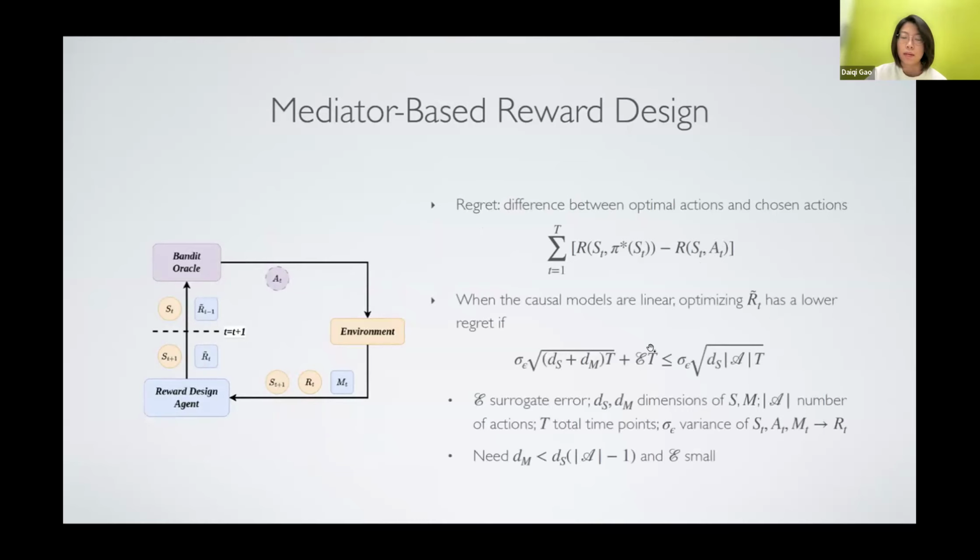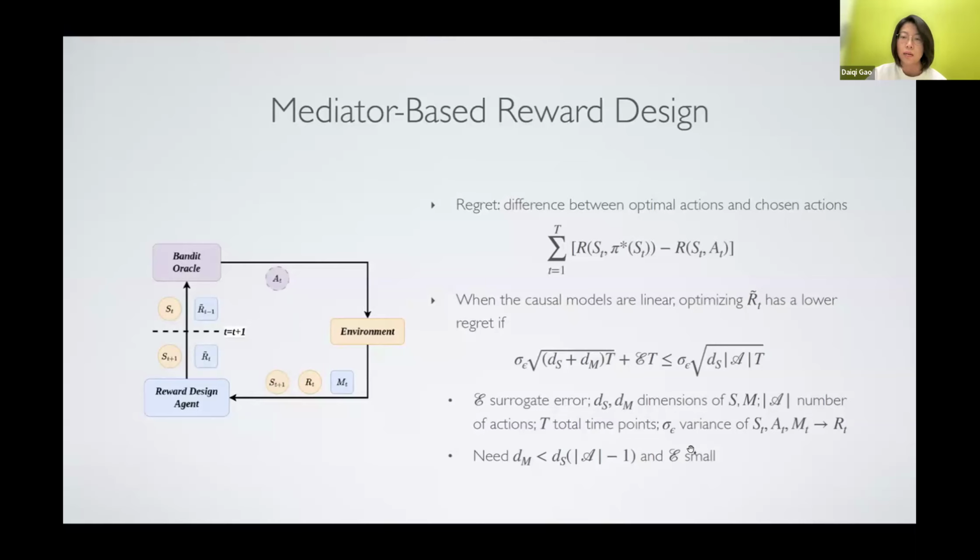We were able to prove that when all the causal models are linear, optimizing the surrogate reward has a lower regret under this condition. And this condition means that if the dimension of the mediator is relatively small compared to the dimension of the state, then there's a larger advantage of pooling across actions to estimate the surrogate reward.